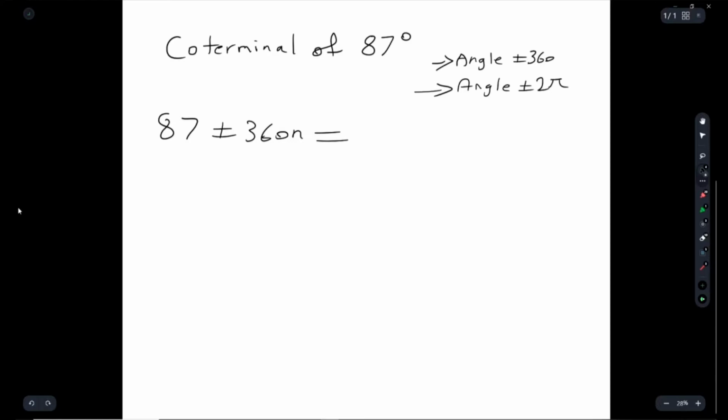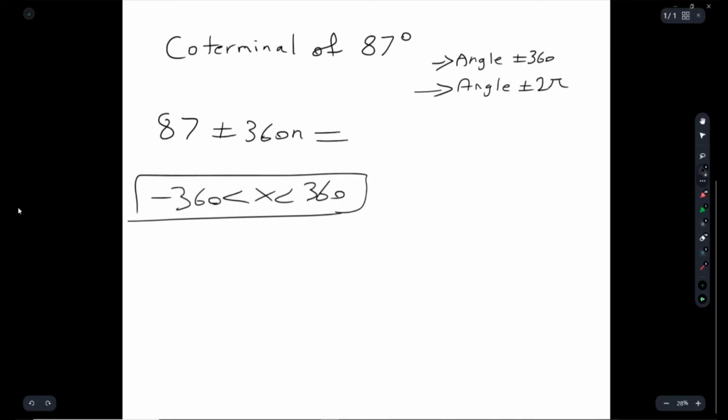So in the test, they usually give you a restriction, such as a negative 360 restriction like this. Using a restriction like this, the only answer that would work would be 87 minus 360. Because if you add 87 plus 360, it will obviously be greater than 360. So the only answer that works is this one.